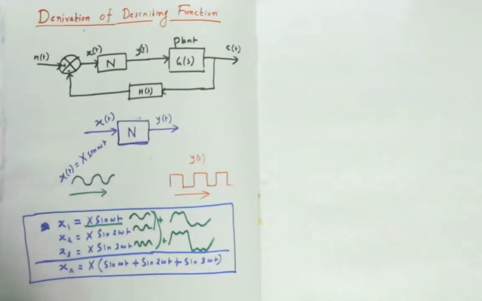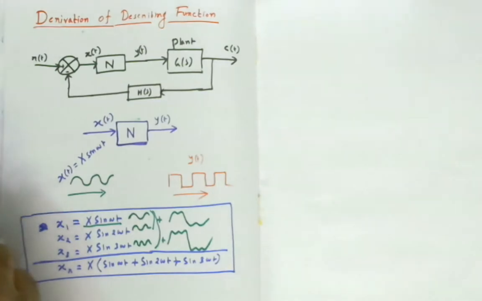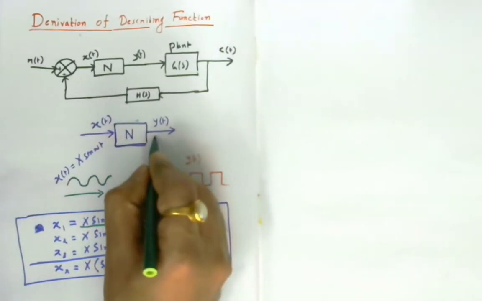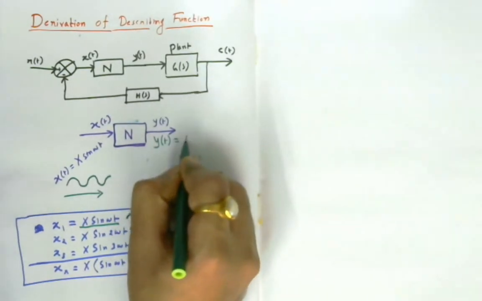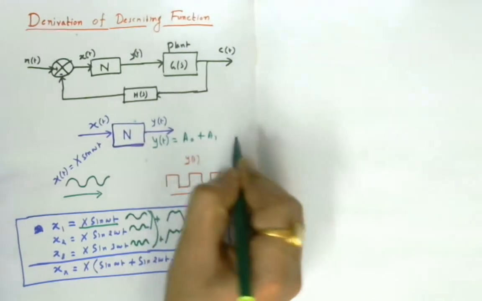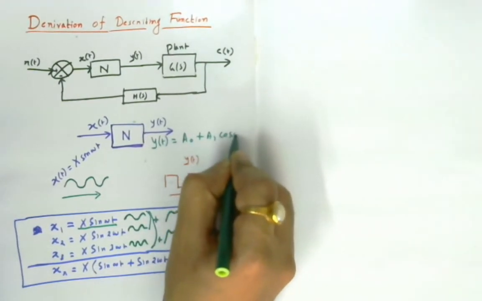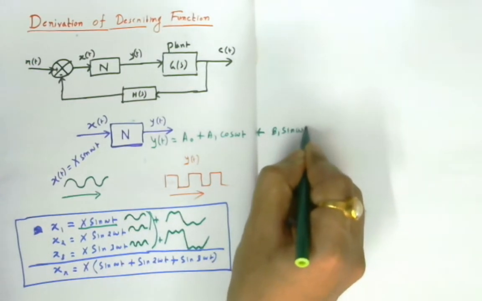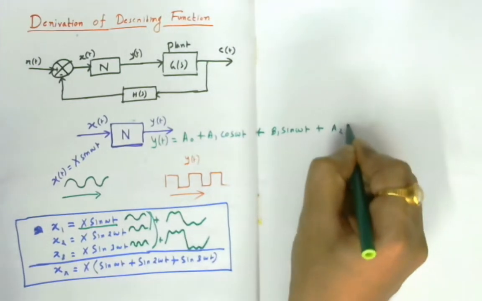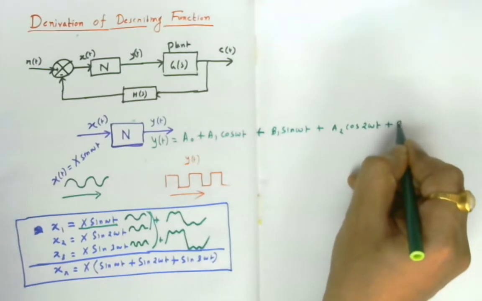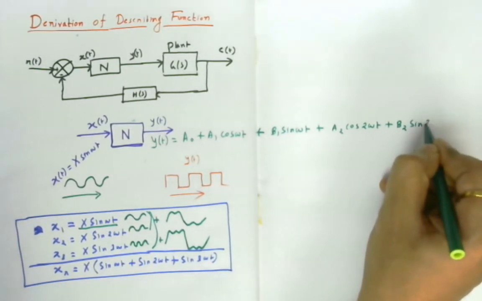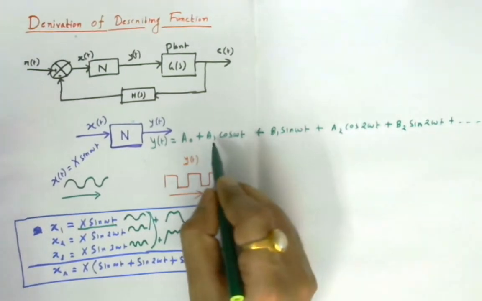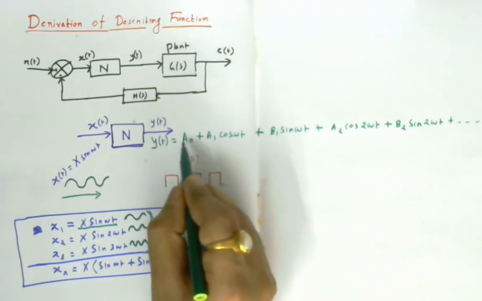If I apply Fourier series, that means output waveform in terms of Fourier series, I can write down the output waveform y(t) is equal to a0 plus a1 cos omega t plus b1 sin omega t, which is the fundamental component, and a0 is a DC component.